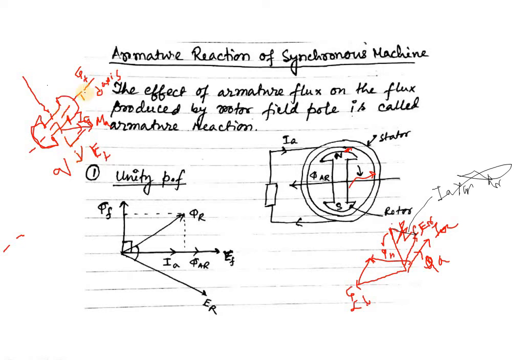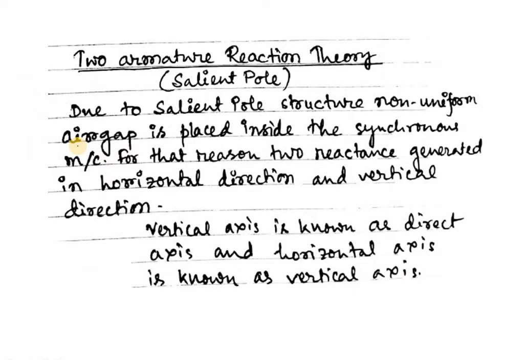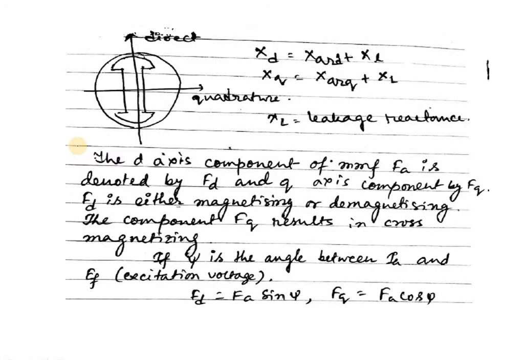One is in the horizontal direction, another is in the vertical direction. The vertical axis is known as the direct axis and the horizontal axis is known as the quadrature axis.